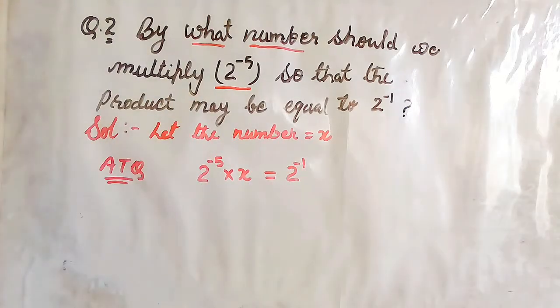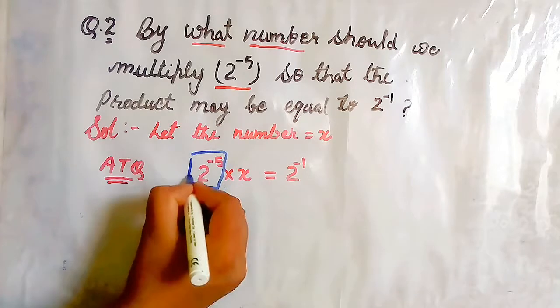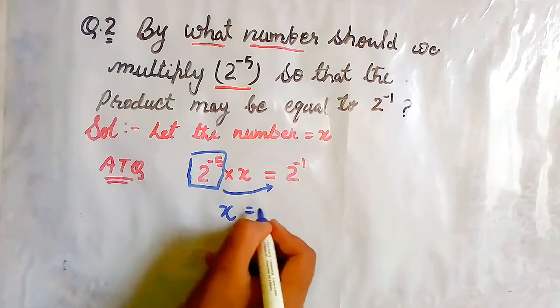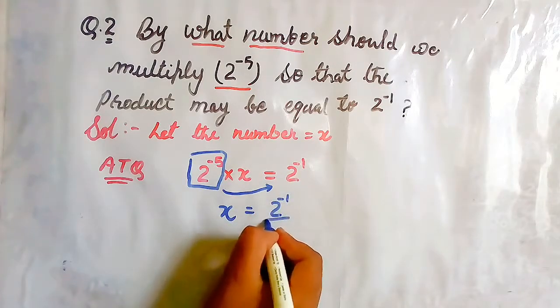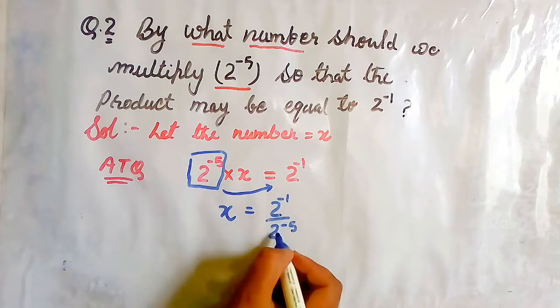Now take 2^-5 to the right side. I am using the shortest way. So if you will take this whole number to the right side, it will go in the division of 2^-1. So x will be equal to 2^-1 upon 2^-5.